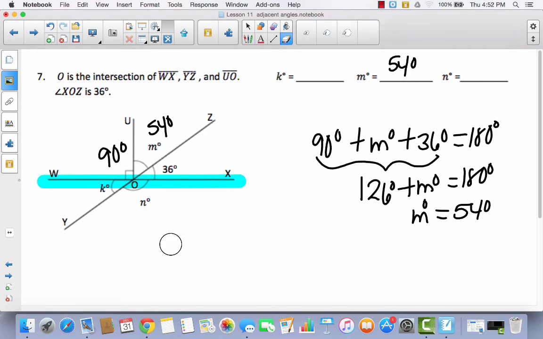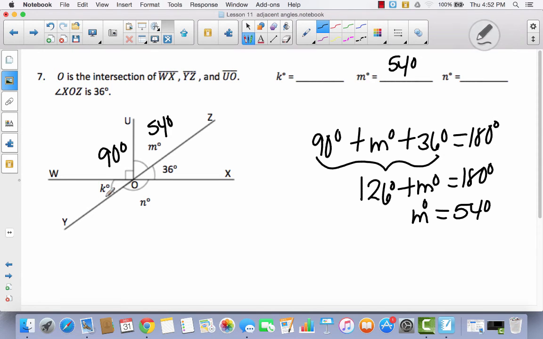Take a look at this for a second. Is there a way to figure out K, or is there a way to figure out O? There's a lot of different ways to do this. What I probably would do is look closely at angle YOX, which is the opposite of angle WOZ.